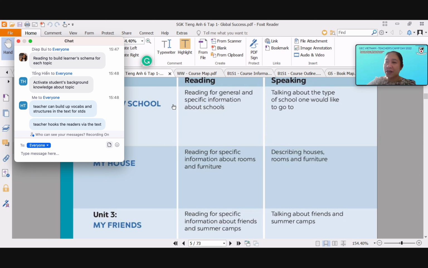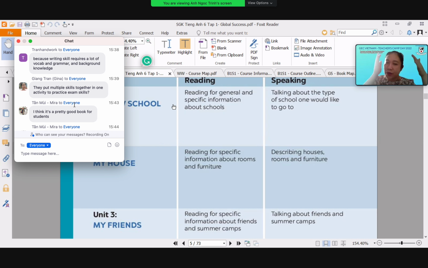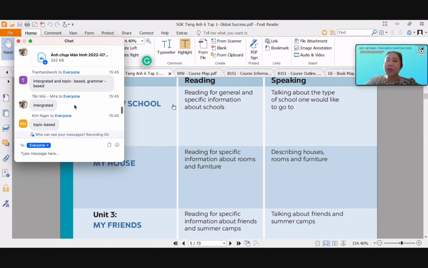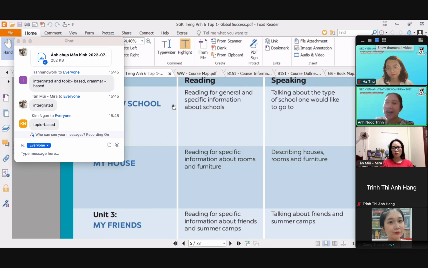Let's see further how our design thinking works. We read from the book map and then we design how the book flows. It's very important to do. And then we can see how our design is relevant and matches the author's mind when we go through the structure of the lesson.